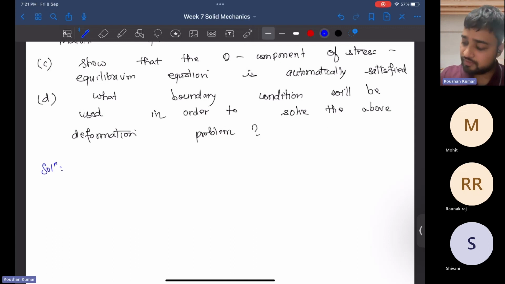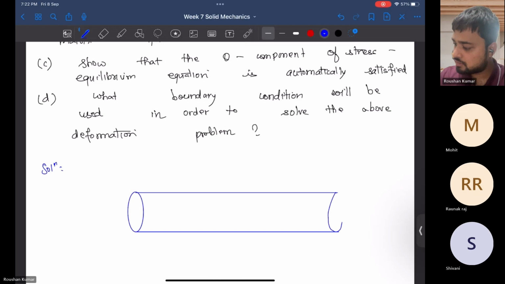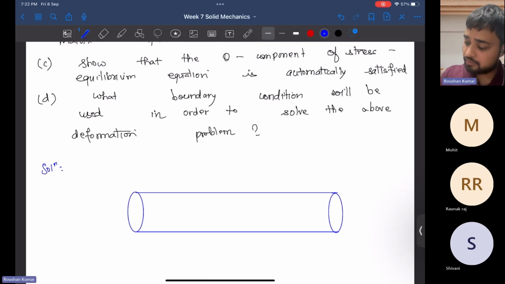So we have one cylinder, and it is clamped in a fixed plate.